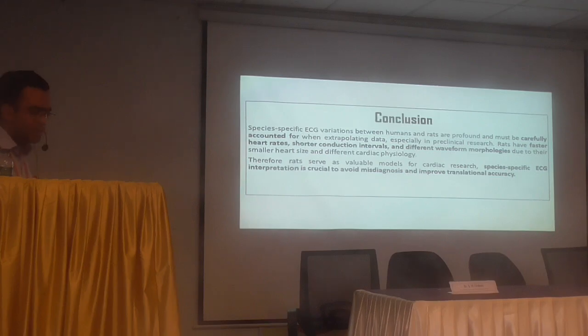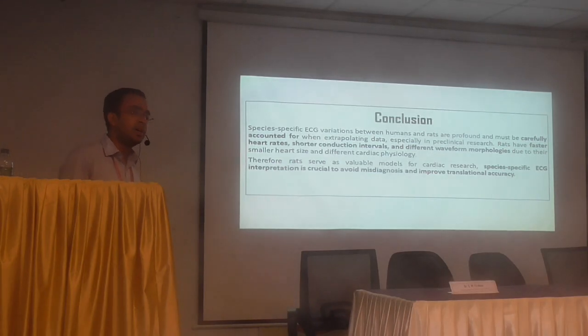By interpreting the QT interval, RR interval, ST interval, we can easily identify any type of abnormalities or any kind of cardiac artifacts influencing the heart of small rodents. We can easily evaluate by interpreting the ECG data.